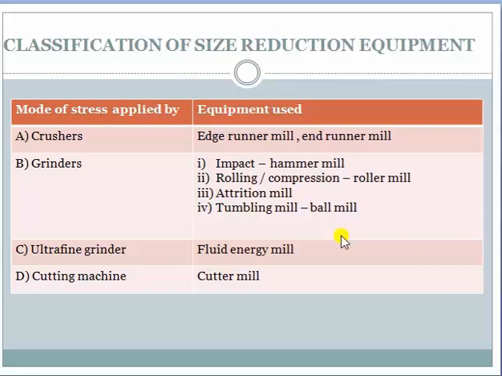In case of impact, hammer mill will be used. For compression, roller mill is used. Attrition mill also works on its own principle, and for crumbling, ball mill is used. In case of ultrafine grinder, fluid energy mill will be used. In case of cutting machine, cutter mill will be used.